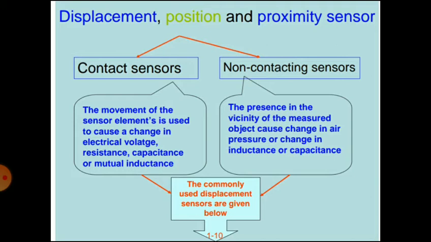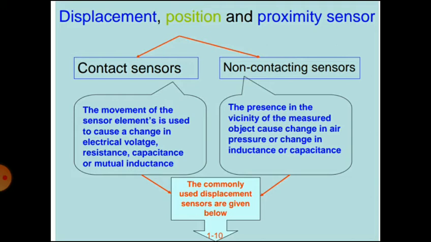The movement of the shaft may be used to cause changes in electrical voltage, resistance, capacitance, or mutual inductance. For angular displacement methods involving mechanical connection, the rotation of the shaft might directly drive, through gears, rotation of transducer elements.